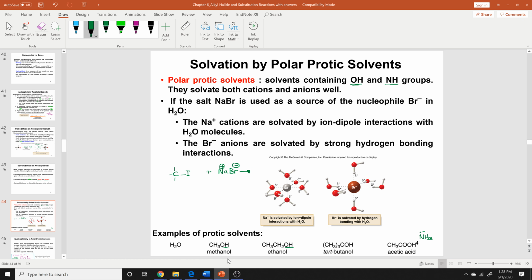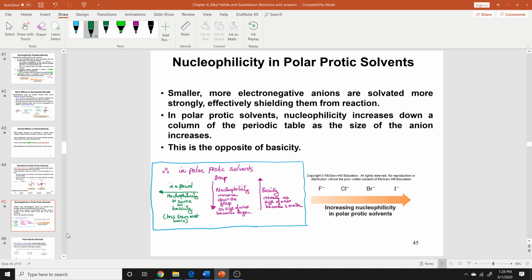In other words, the polar protic solvents dissolve both cations and anions. So if I am using a strong nucleophile, then the nucleophile is going to be dissolved in the solvent. That is going to affect the strength of the nucleophile in the reaction.